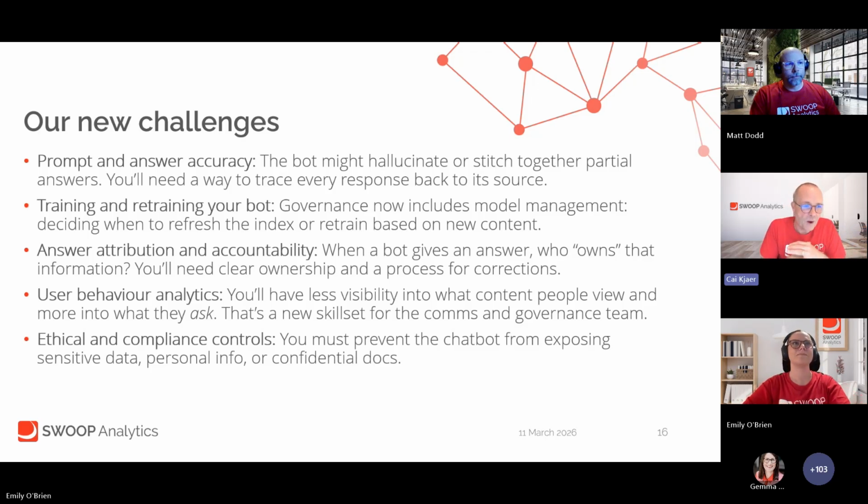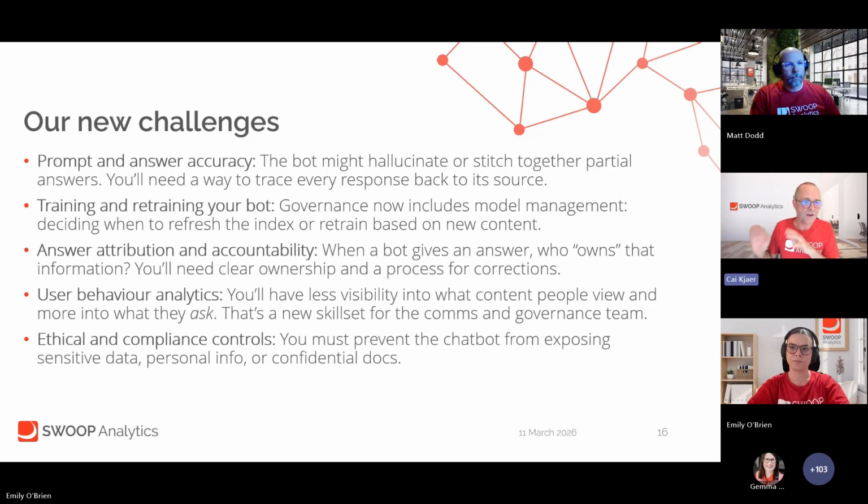So, prompt and answer accuracy. As we just saw, the bot might actually hallucinate or stitch together partial answers. And what do you do if you own that intranet bot, and it says yes, you can offer hybrid work to this employee, whereas HR might have said, well, you forgot to put in your comma, however, it must fit in with the rest of the team members or whatever it is.